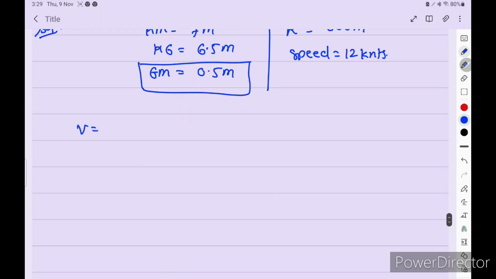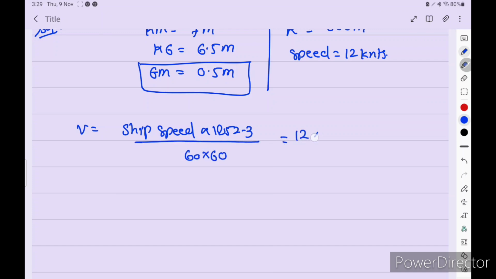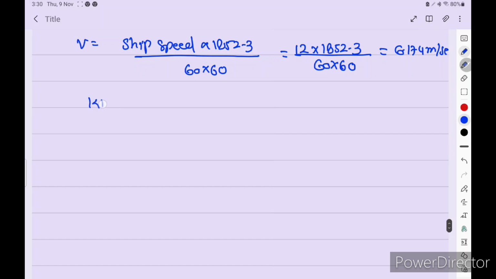Now we have to convert ship speed into 1852.3 divided by 60 into 60. Therefore 12 into 1852.3 divided by 60 into 60 equals 6.174 meter per second. Since KB is equal to 1 by 2 into draft, KB is equal to 1 by 2 into 7 is equal to 3.5 meter.